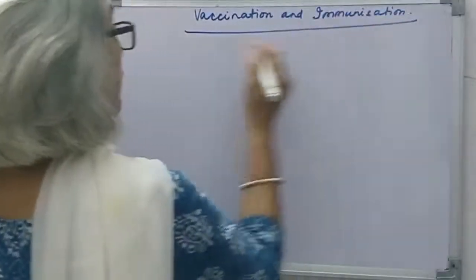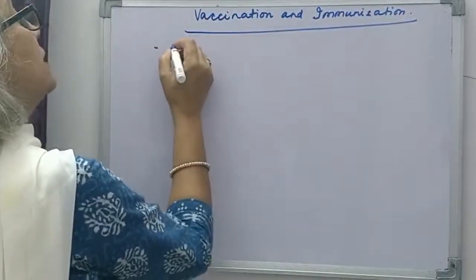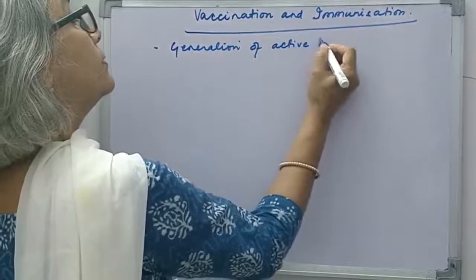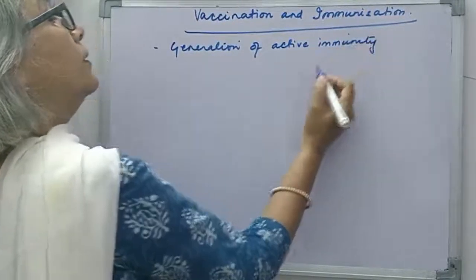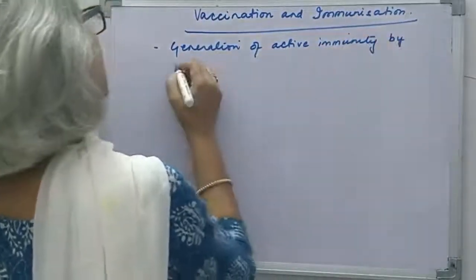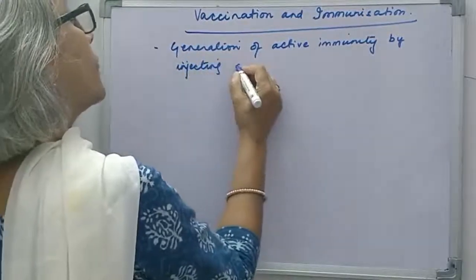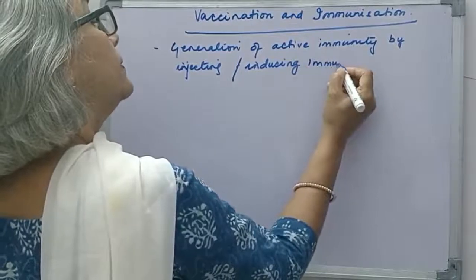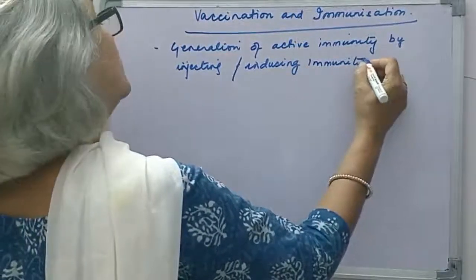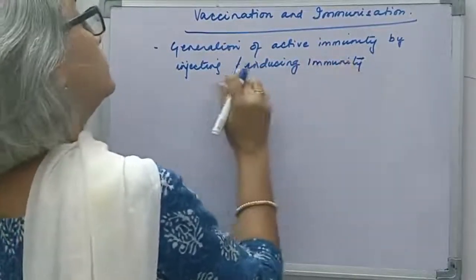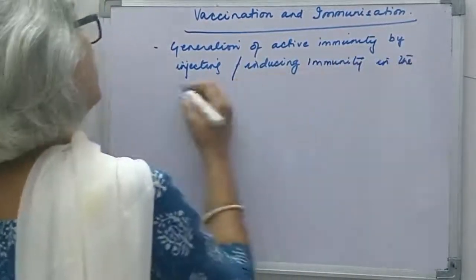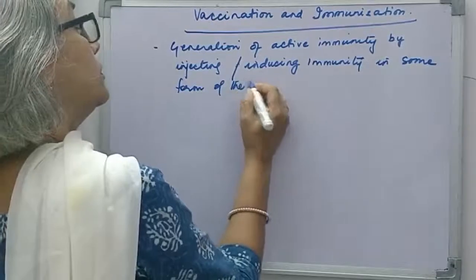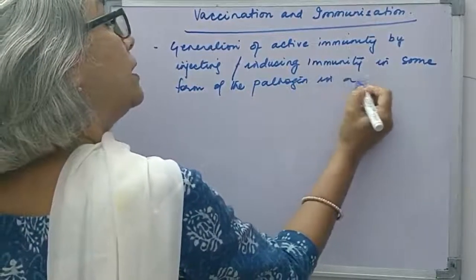So, vaccination and immunization basically means generation of active immunity, by inducing immunity by injecting some form of the pathogen in a healthy person.